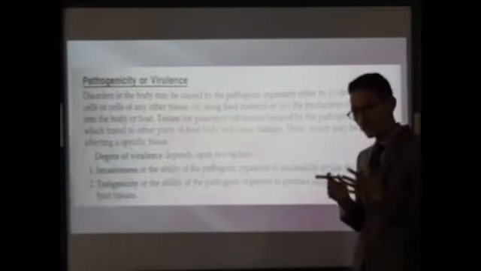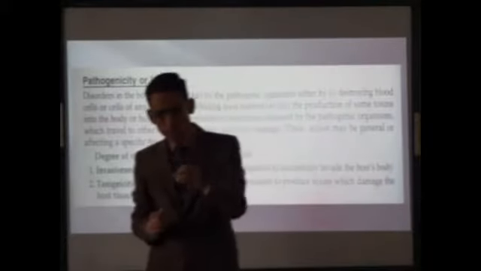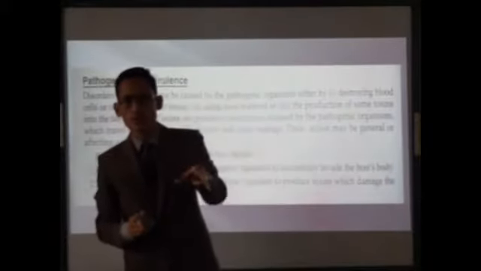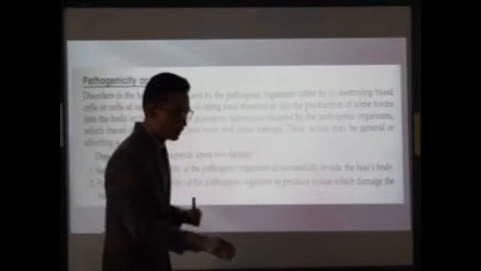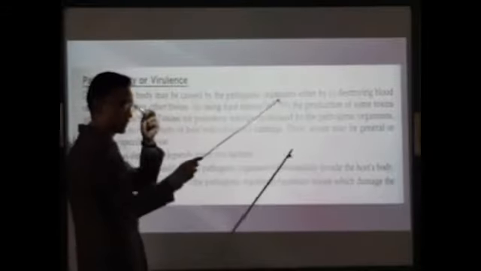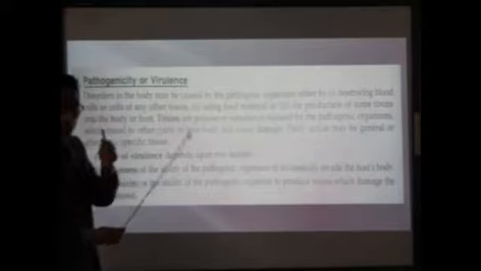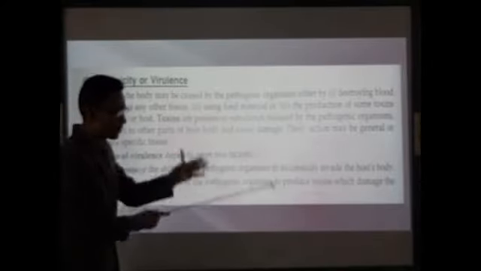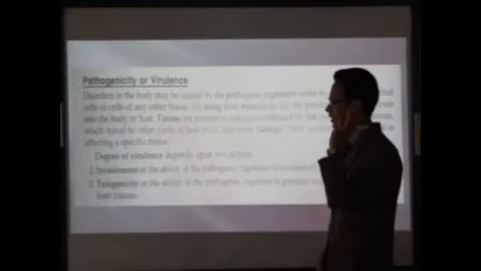Overall, whenever pathogens enter our body, we, the host, will suffer from a disorder or a disease. Remember, it may cause disorder by destroying the blood cells or cells of other tissues, by using the food material, and most importantly, by producing toxins.